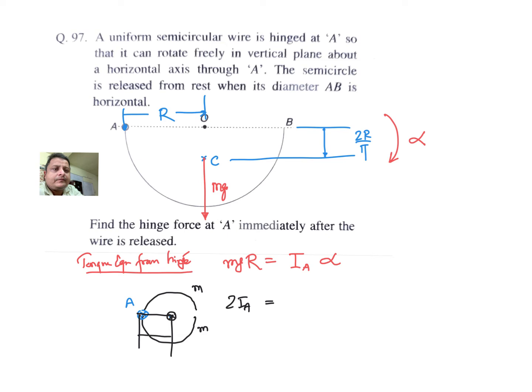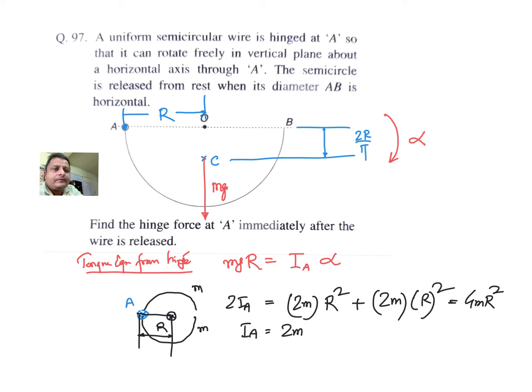The distance between the axes is r, so twice Ia is equal to 2m times r square, as it's a ring of mass 2m, plus 2m times d square, where d is also r, so that becomes 4m times r square. So Ia becomes 2m times r square.